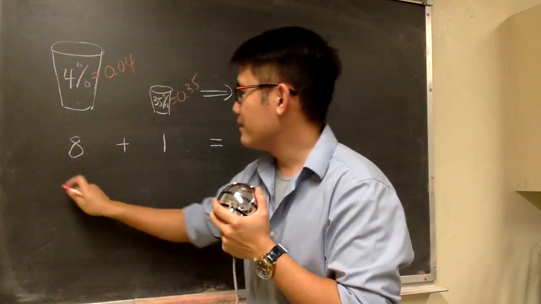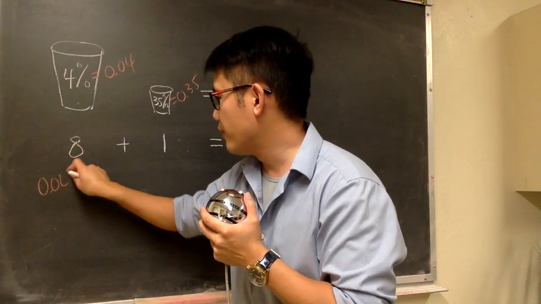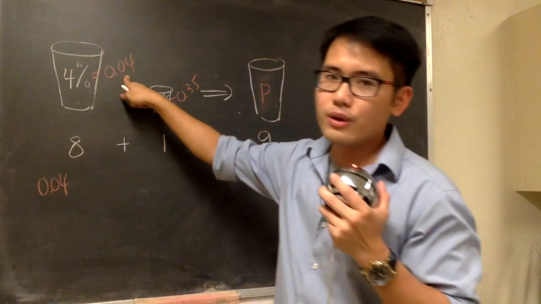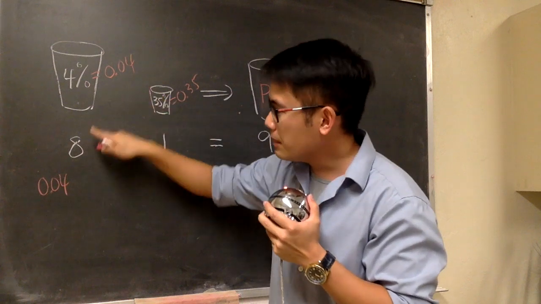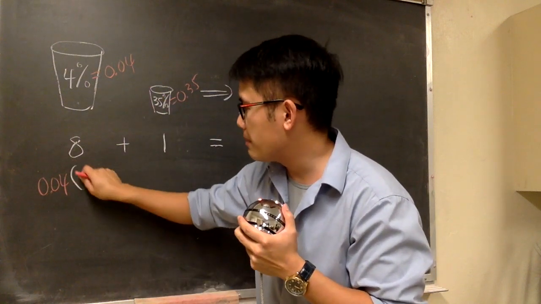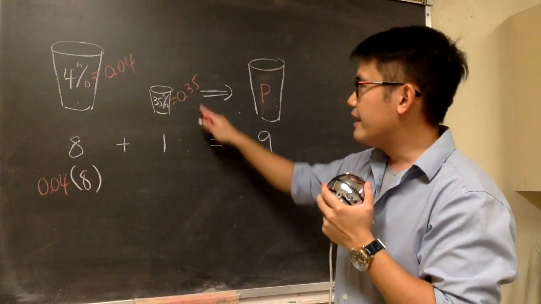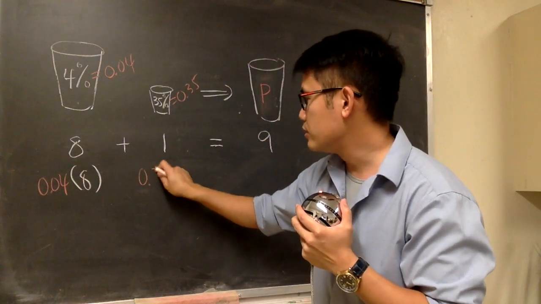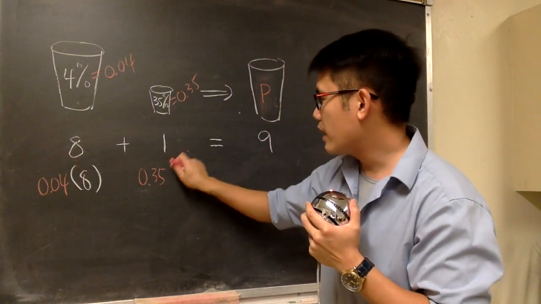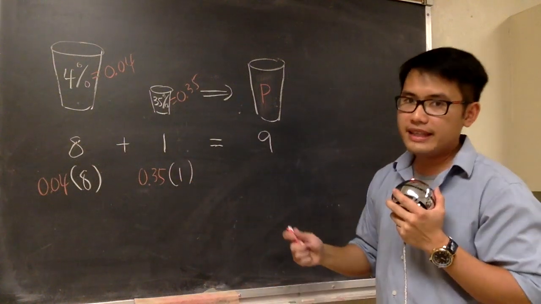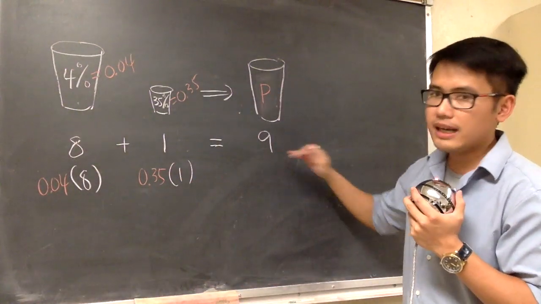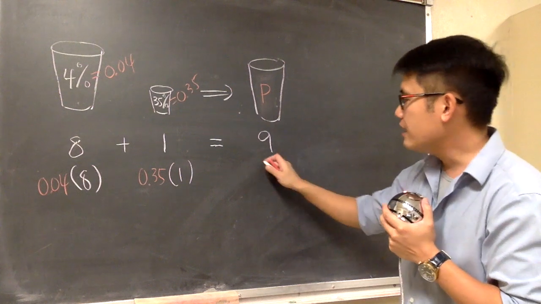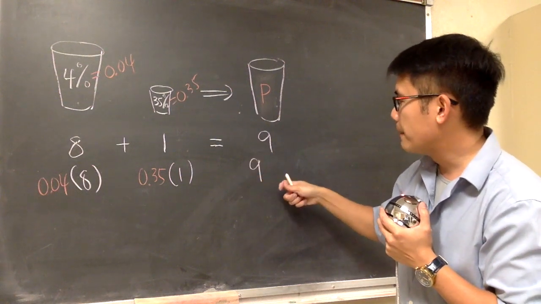Let me write down 0.04, right? That's the alcohol concentration. And we multiply by 8, so let's put down times 8. And then let's put down this times that. So we have 0.35 times 1. At the end, be sure we do this times that as well. P times 9, let me just write down 9P.